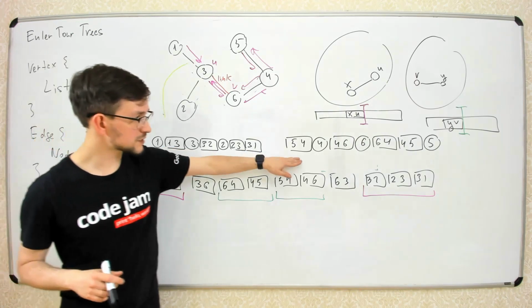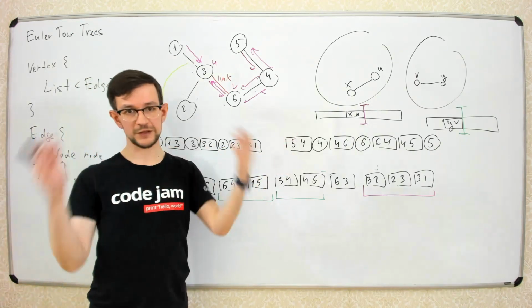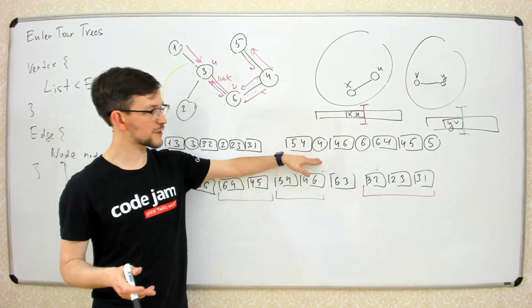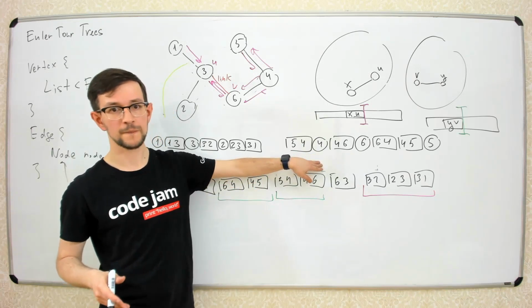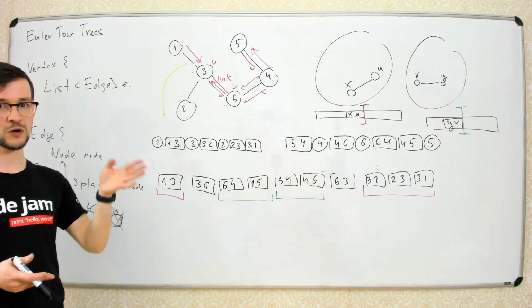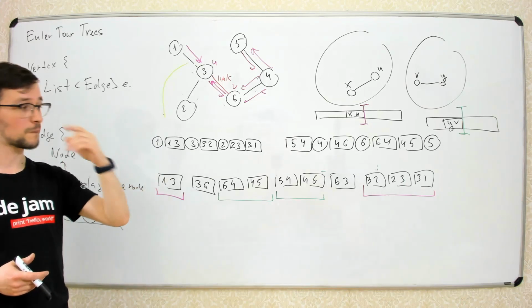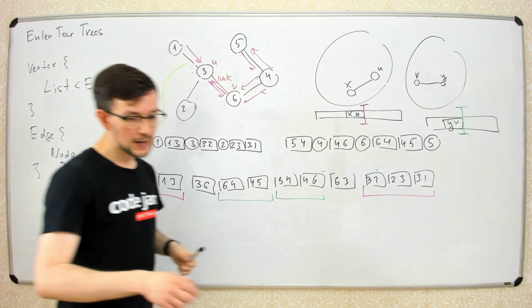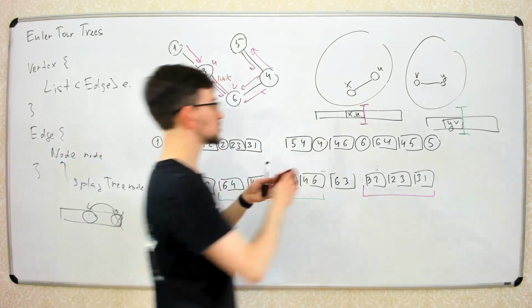Each of these lists is represented as a Splay tree. I just draw them as lists because it's easier to show. But actually each of these two lists is a Splay tree, so we will be able to split and merge them. And now it's much more simple.